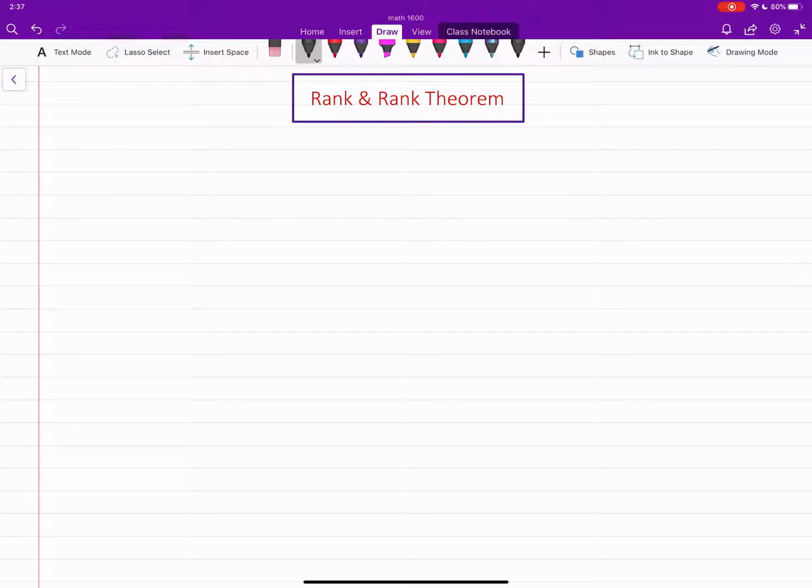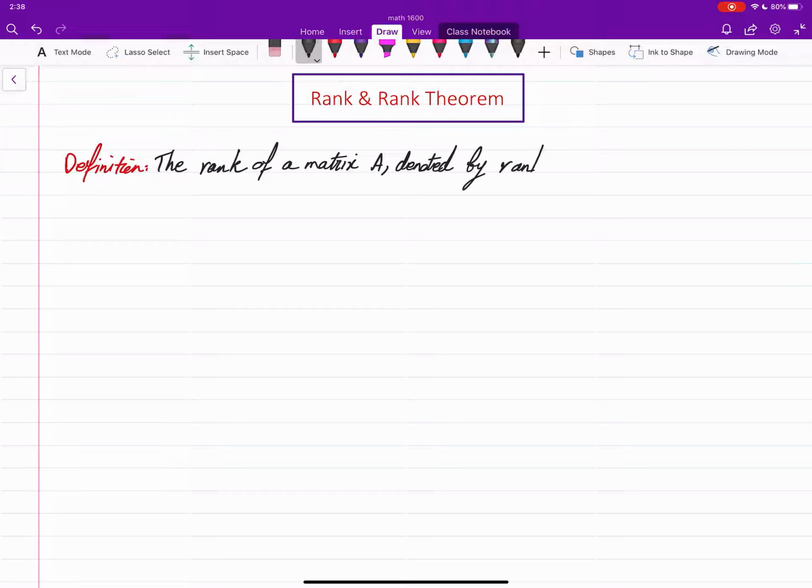Okay, so let us start with the definition of the rank. What is the rank of a matrix A? Well, this is a number and we denote it by rank A. What kind of number is that?